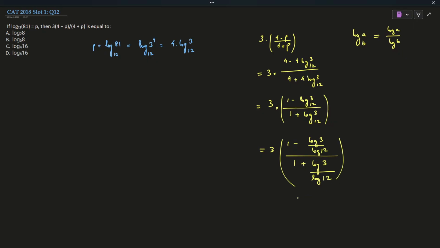Taking the LCM, I will have log 12 minus log 3 by log 12 plus log 3, and I have a 3 outside.